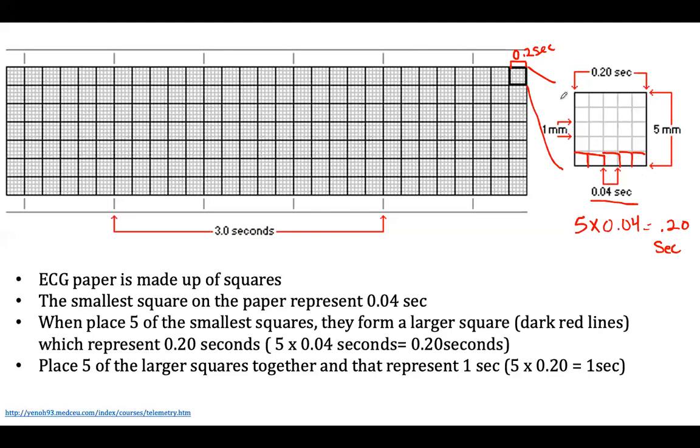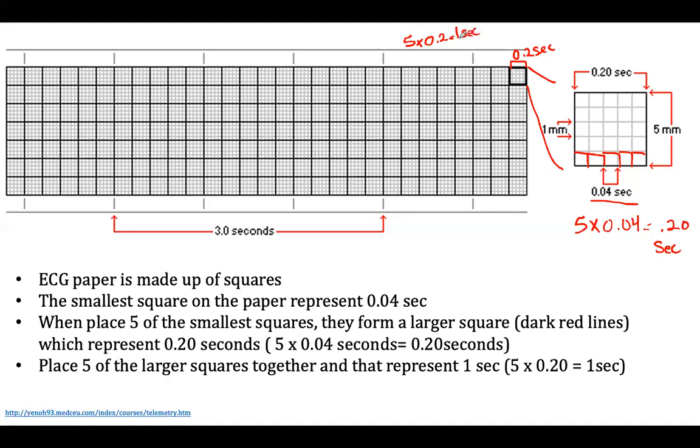So now, what if I put 5 of these larger boxes together, as you can see here? See 1, 2, 3, 4, and 5. I have 5 of them, and each of the boxes is 0.2 seconds. So that adds up: 5 times 2 is 10, so it would be 1 second.